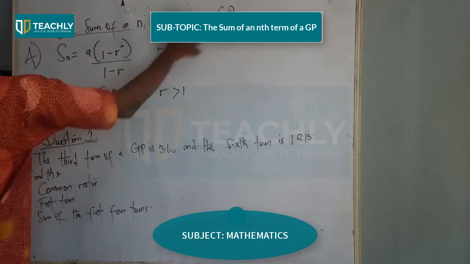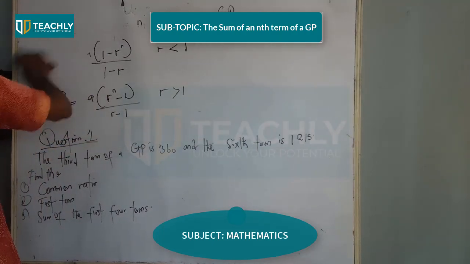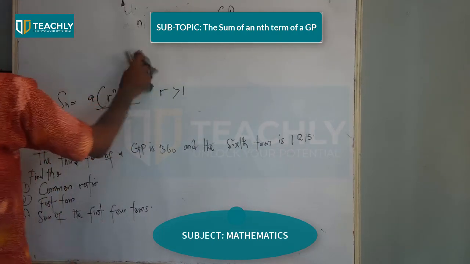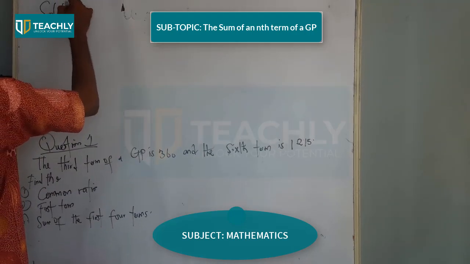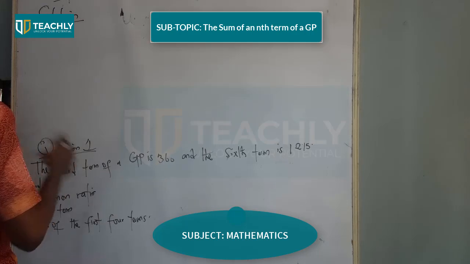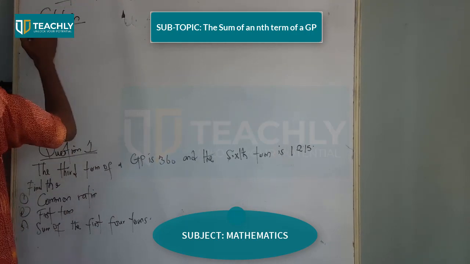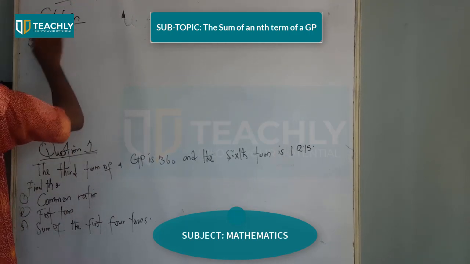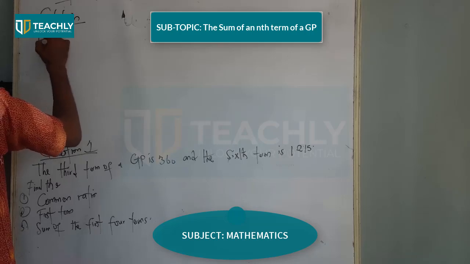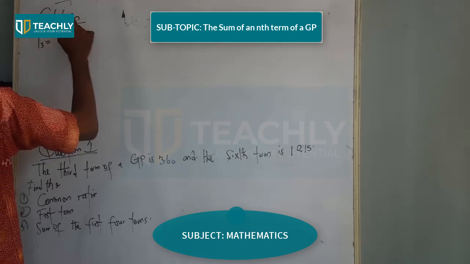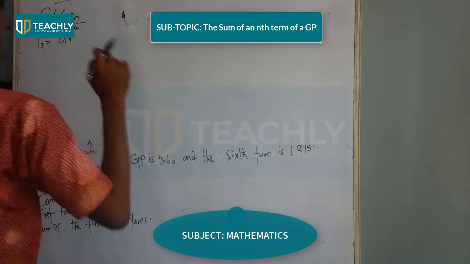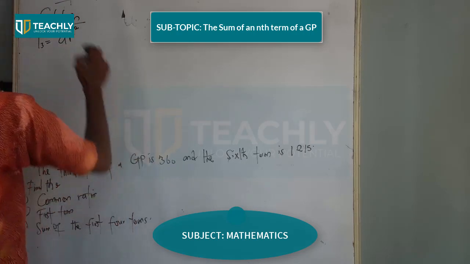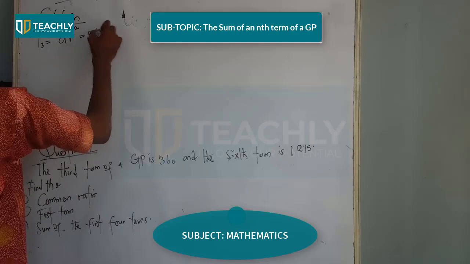That is what we want to get right now. So let's begin by getting the common ratio. We have the third term, T3 is equal to ar to the power of 2, which is 360.